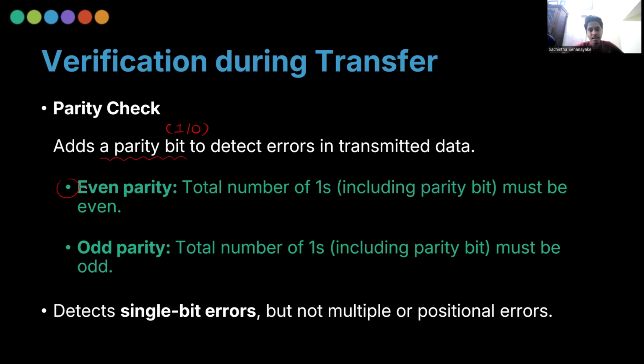Even parity is one kind of parity check where the total number of ones in the transmission, in the bits that you're sending, including the parity bit, must be even. Now, if you send a sequence of ones and zeros, and you count the total number of ones, and if the total number of ones is an even number, that's referred to as even parity.